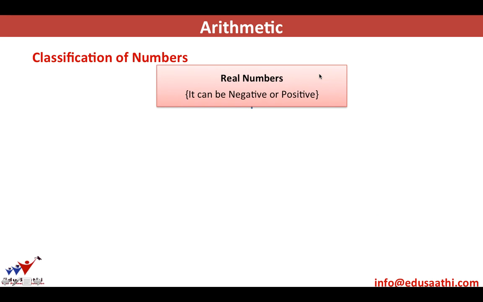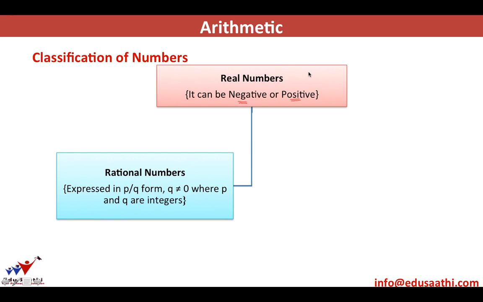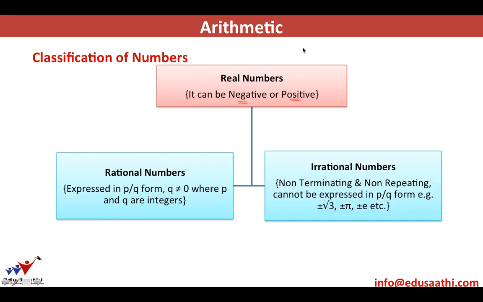So let's discuss real numbers now. As already told, real numbers can be either negative or positive. If I talk about real numbers, I would further categorize them into two parts: one being rational numbers, the other one being irrational numbers. Rational numbers: a number that can be represented in the form of p by q, where q is not equal to 0 and p and q are integers, is known as a rational number.